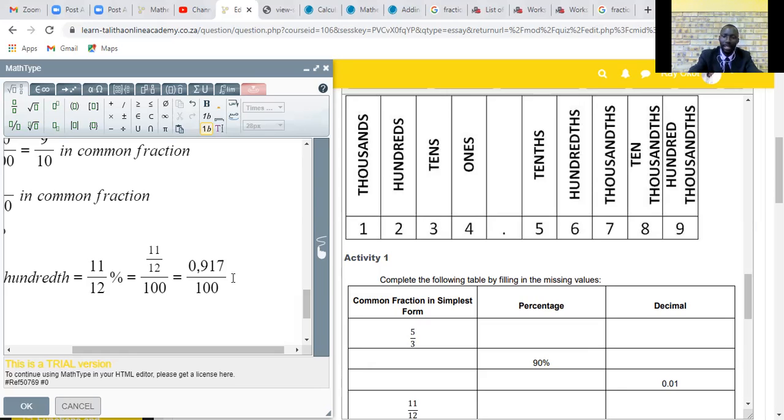Okay, let's first have it like this. Let's first write 0.917. So if we write it this way, let's first put a few zeros, maybe 2, in front there.